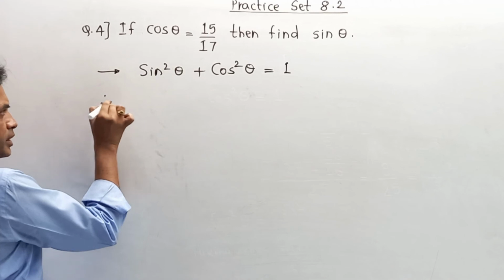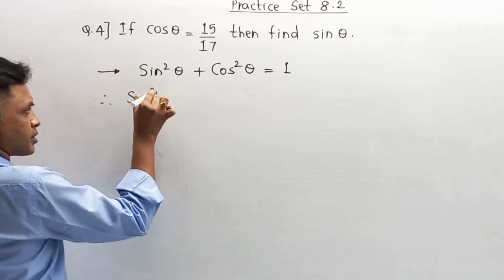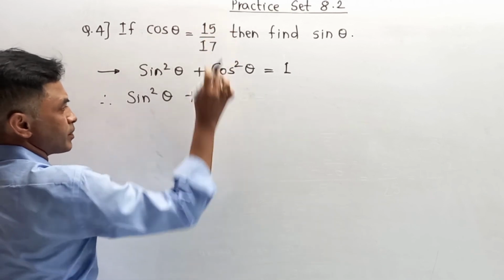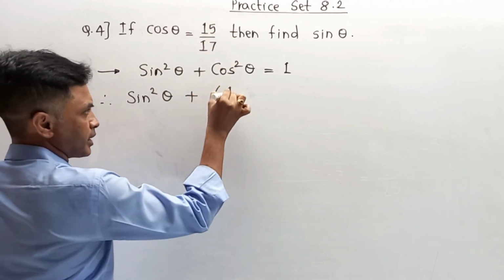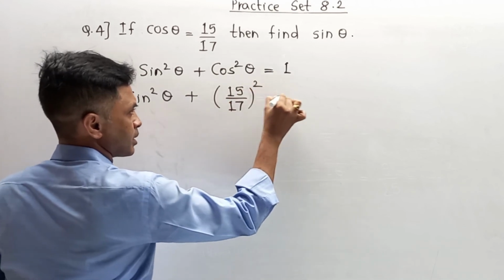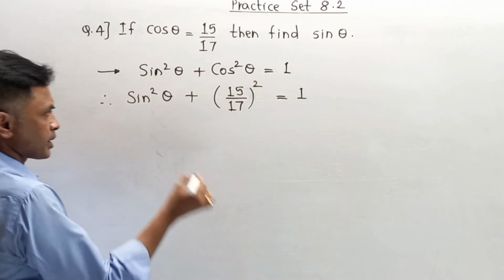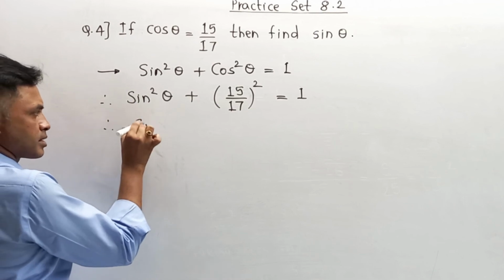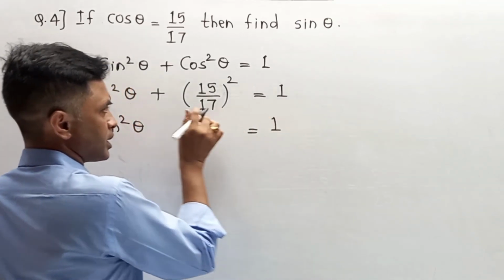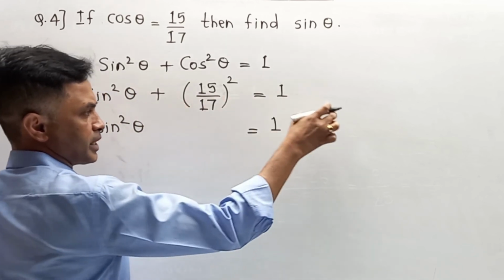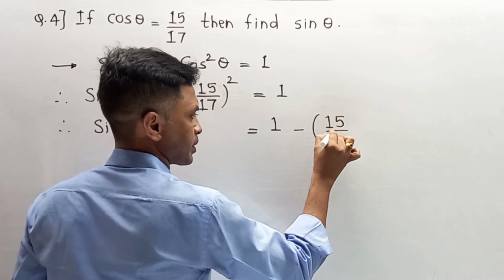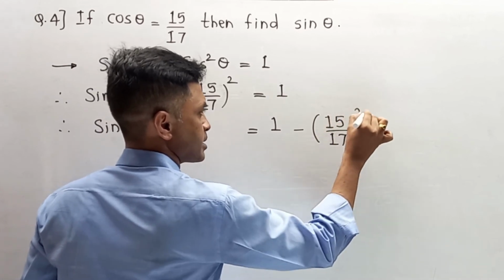The value of cos theta is 15 upon 17 and it contains a square. So sin square theta plus (15 upon 17) whole square is equal to 1. Therefore sin square theta is equal to 1 minus (15 upon 17) square, shifting it to the other side it becomes minus.